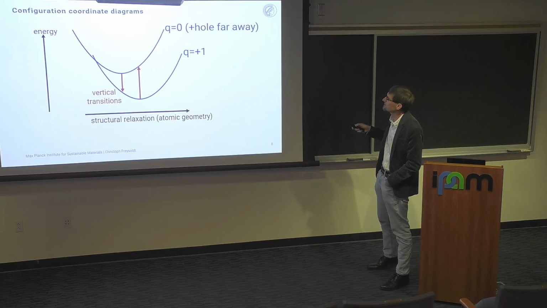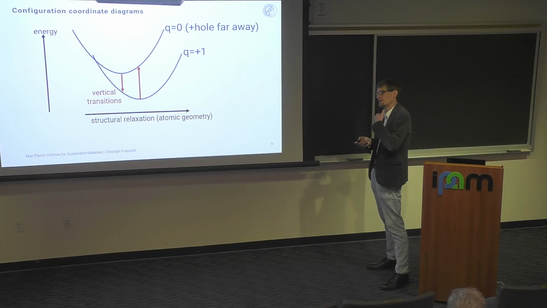So if you have a defect in one charge state, say +1, it has a certain atomic geometry. If you have it in the 0 charge state, we have it in a different geometry. So this axis here just captures changes in the geometry, a generalized reaction coordinate. If we would move from the +1 up here, for example, by emitting a hole or by capturing an electron, there is an energy difference that in particular could be provided by an optical photon.